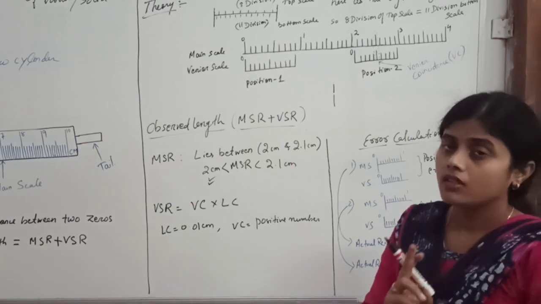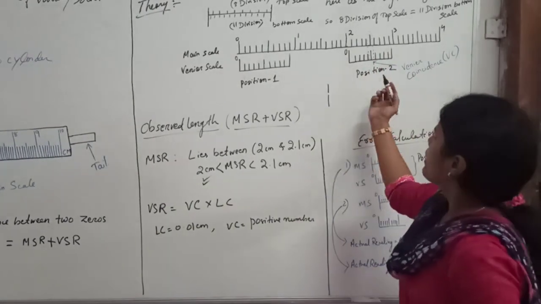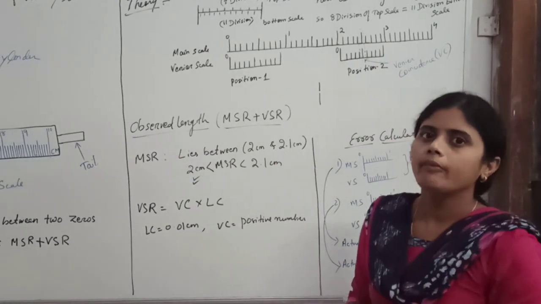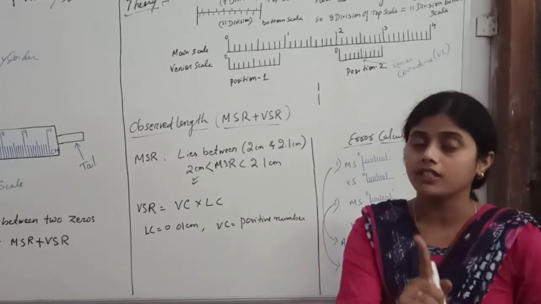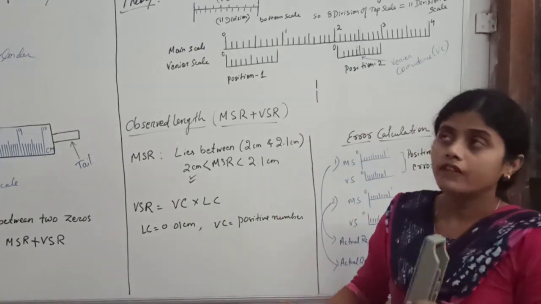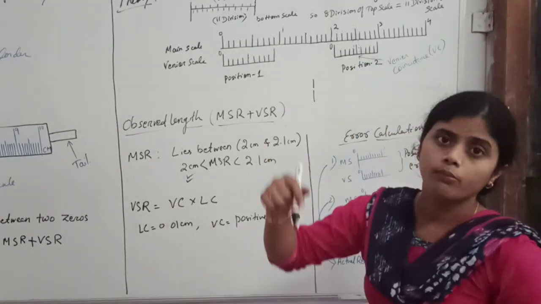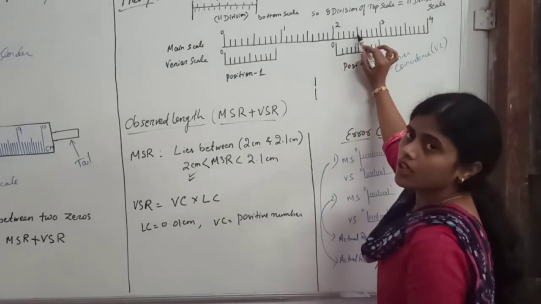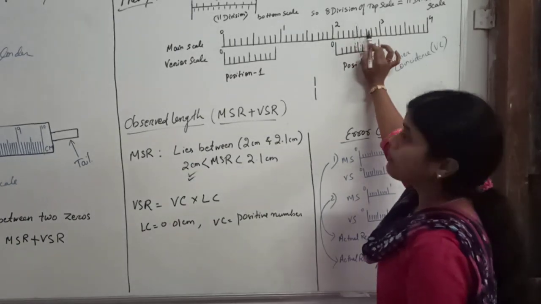Our primary concern is to locate the first and foremost line of the vernier scale which is coinciding with any division of the main scale. So here you see this line is coinciding with a division of the main scale.